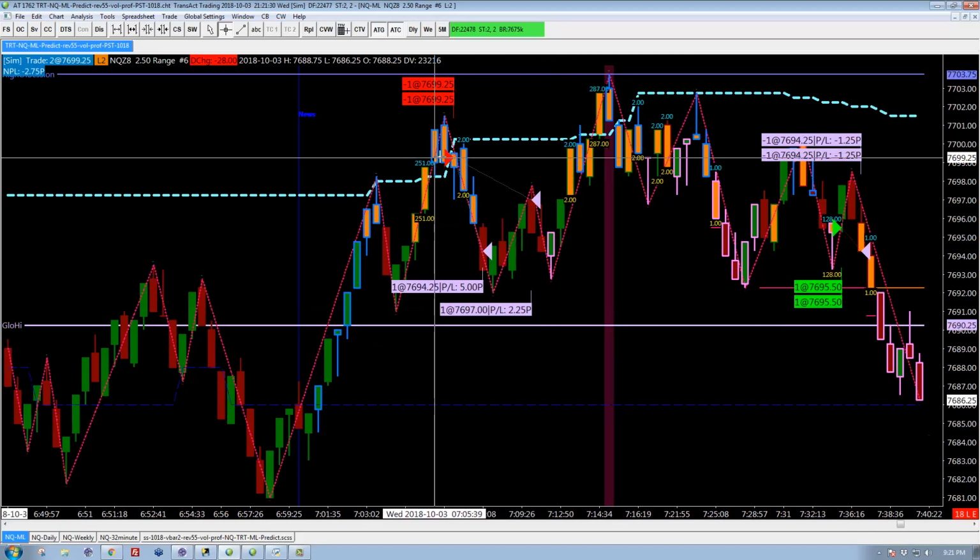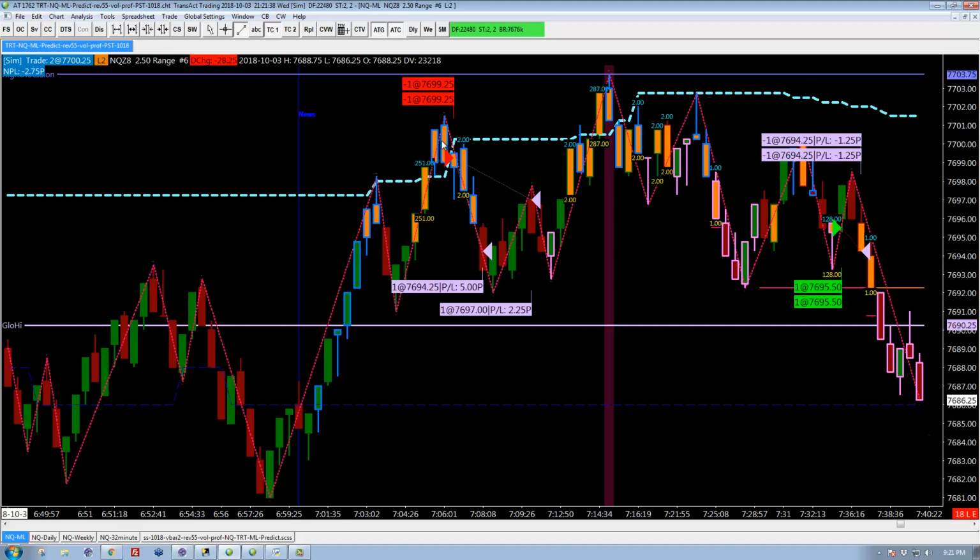All right. So what happened in real time is the order was placed up here and didn't get filled. In this simulation, I'm using a one tick offset, and you catch a little 5-point move. So 5 points and then 2 1/4 there.